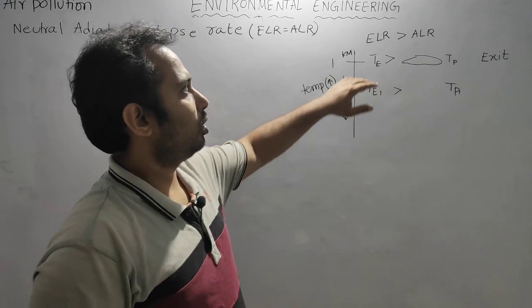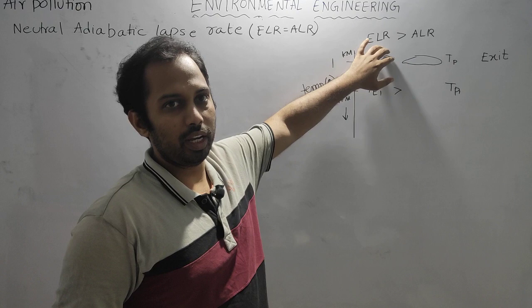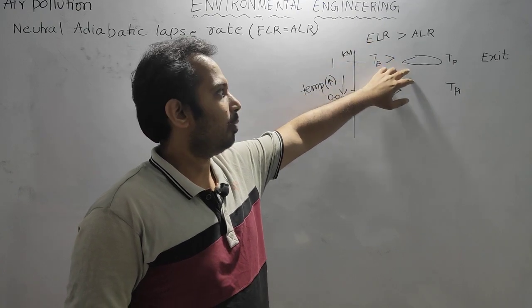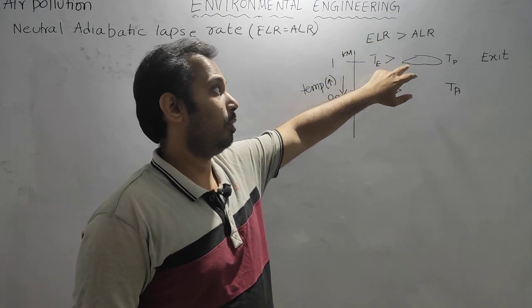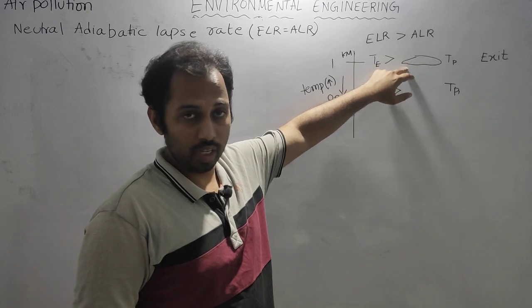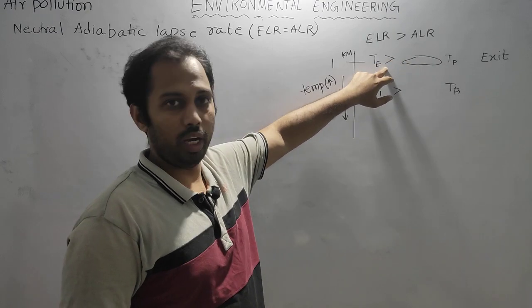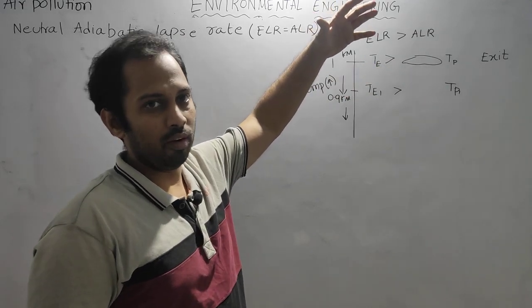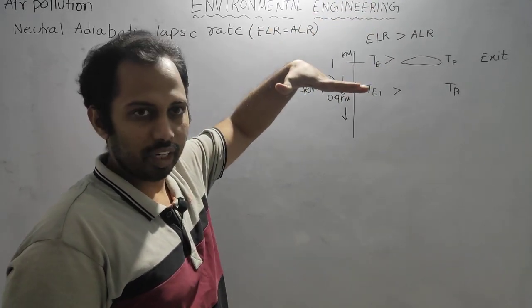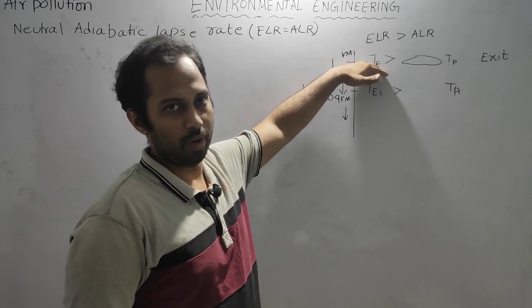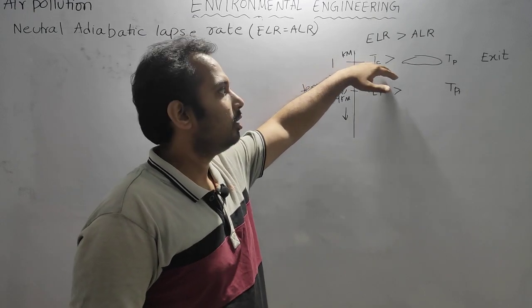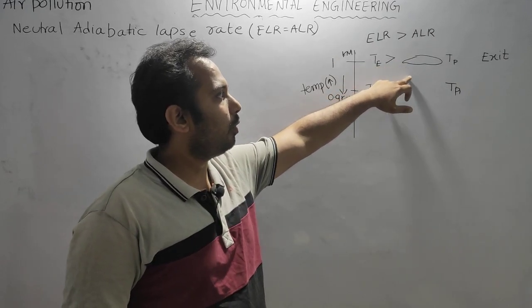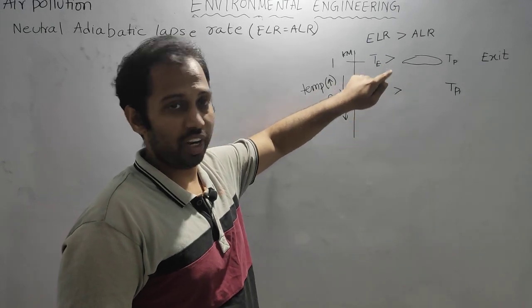So though in the super adiabatic condition, if the pollution parcel's temperature at the exit point, where we are leaving that from the stack into the environment, at that elevation if environment is warmer, then it continuously comes down, though it is a super adiabatic process.